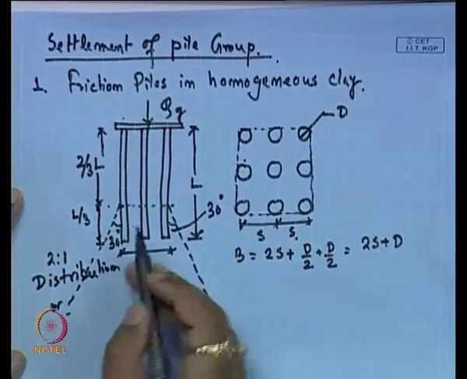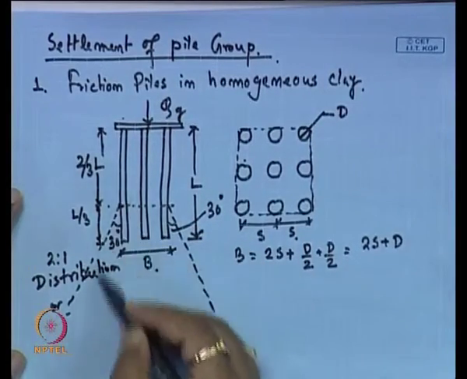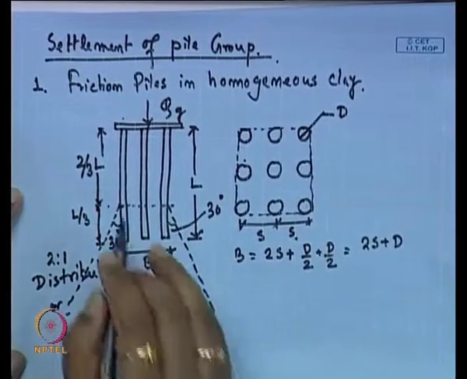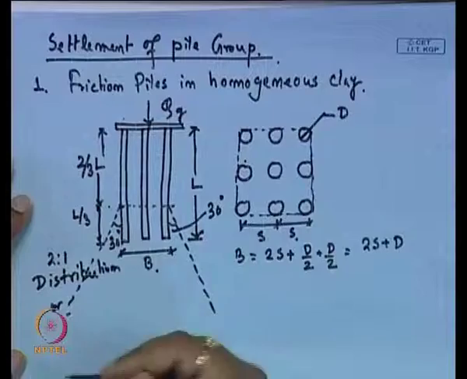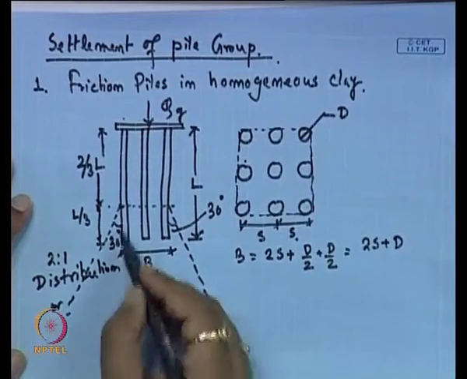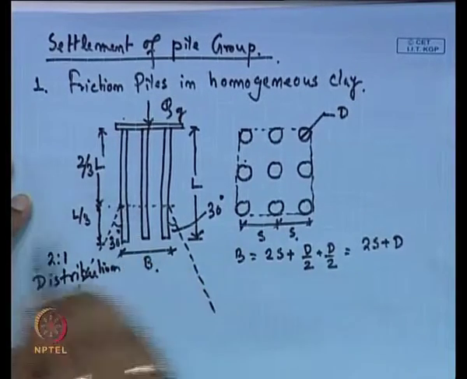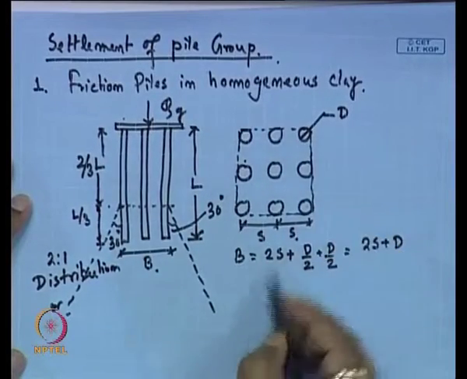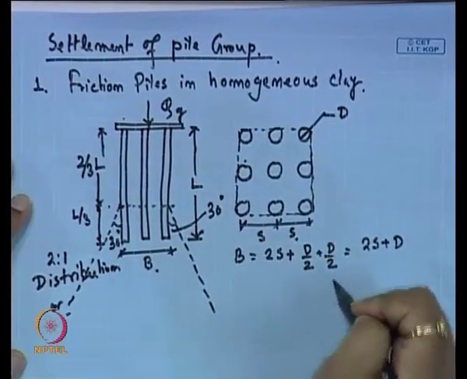The extension will be up to twice B, as mentioned during the settlement calculation for the raft foundation. So the extension of this influence zone is up to twice B of the pile. Now we will calculate the spacing. If there is another pile, then this will be 3 S plus D.